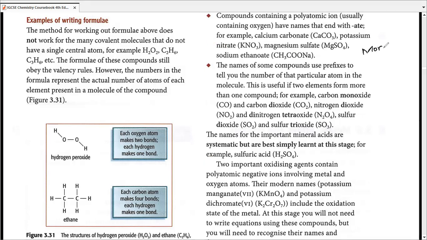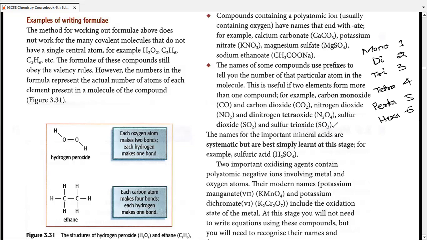Since the book does not discuss the prefixes separately, we use mono for 1, di for 2, tri for 3, tetra for 4, penta for 5, and hexa for 6. This is for the number of atoms there are in a compound.